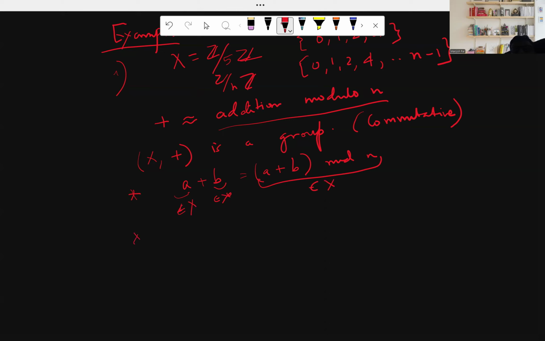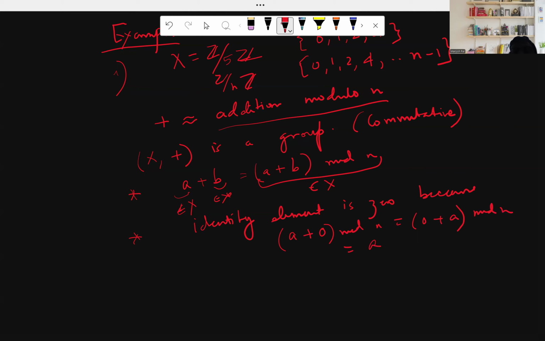The second condition is existence of an identity element. So the identity element is 0. Because A plus 0 mod n is the same as 0 plus A mod n, which is equal to A.